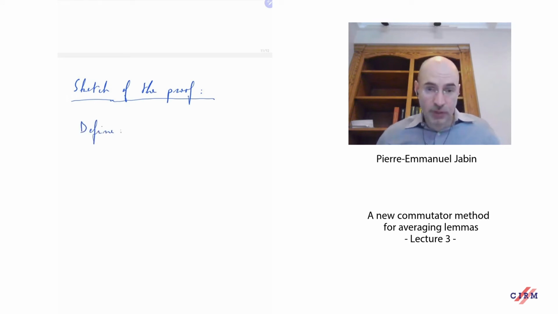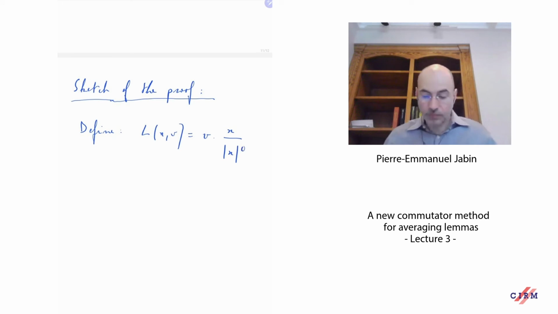I'm going to define a kernel that in real space looks very much like the expression in Fourier that I was using before.